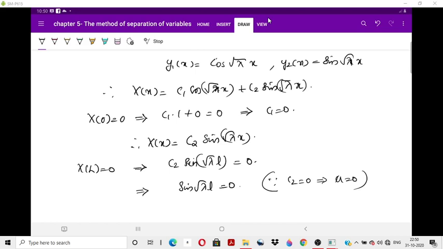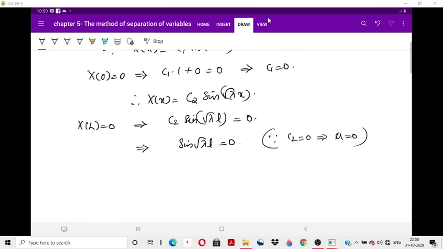So this must imply that sine of root lambda L is equal to 0. That means sine of x equal to 0 only if x is equal to n pi. So root lambda L equal to n pi, where n equal to 0, plus or minus 1, plus or minus 2, etc.